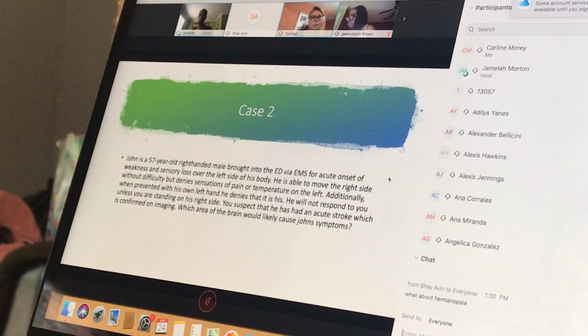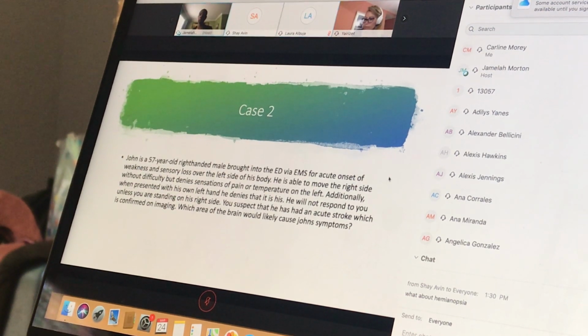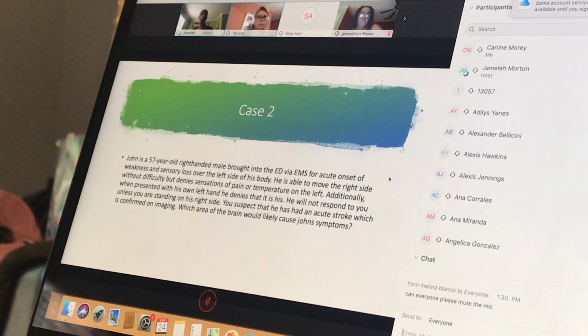Someone asked, what is the term of the neglect? I can't remember. Is there hemibody neglect? There is another word for when you can't recognize it, but I can't remember what that word is. Hemianopsia comes from the parietal, the occipital lobe.